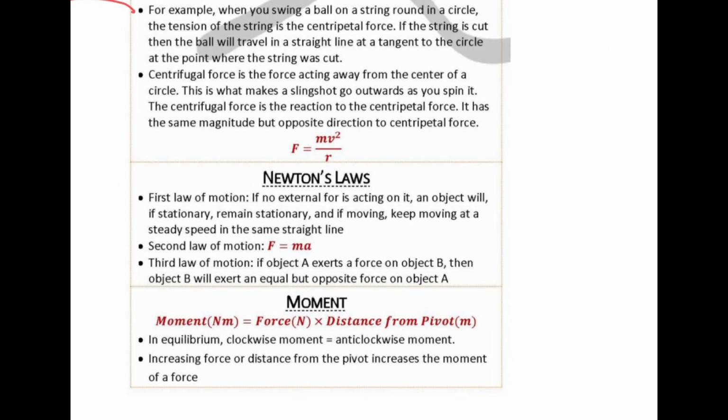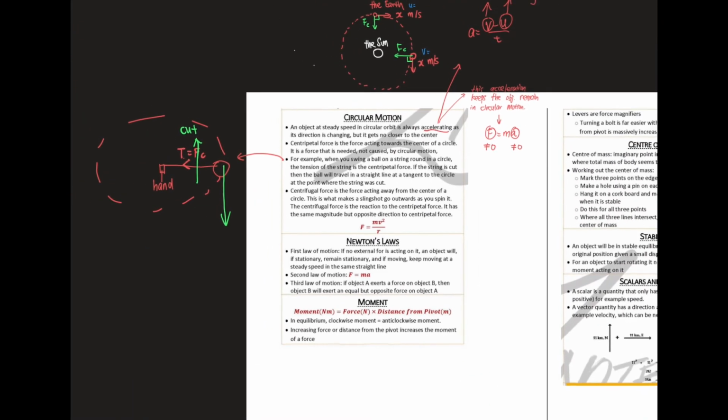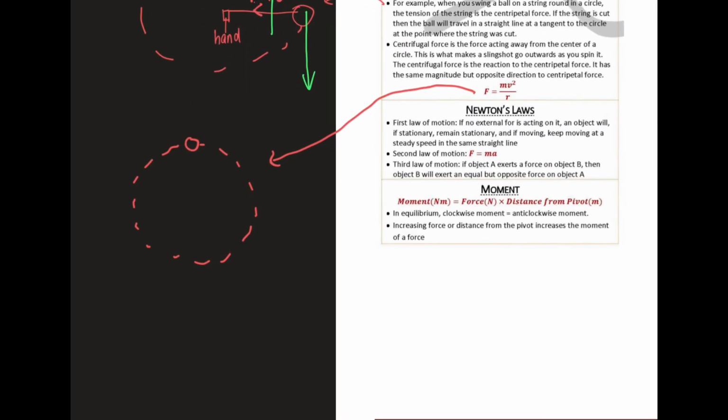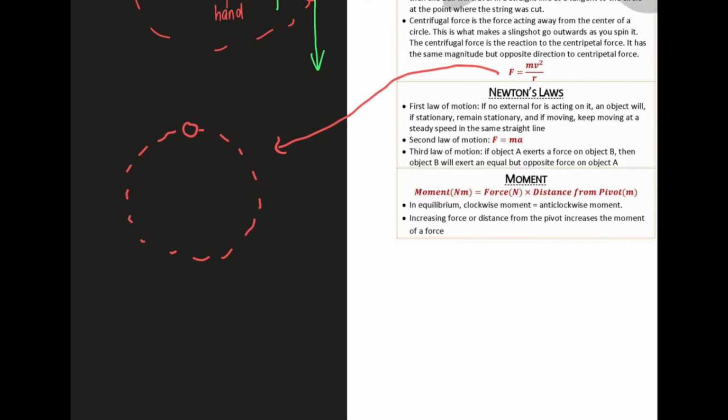We have a formula. F equals mv square over r. So m is the mass, v is the velocity. What kind of velocity? Velocity in this direction. Let's say you have an object moving in circular motion. Let's say the object is moving this way.